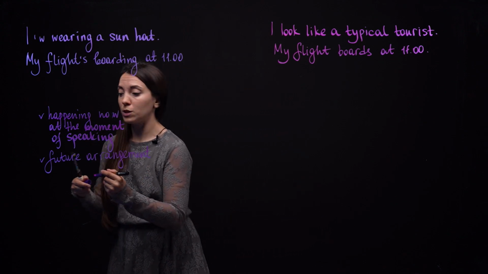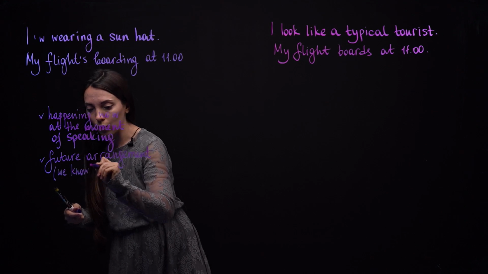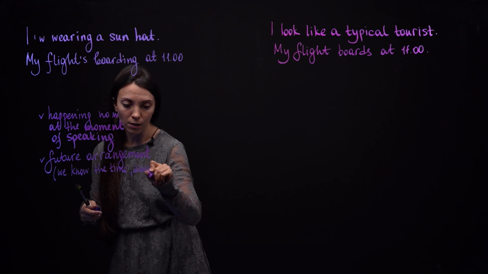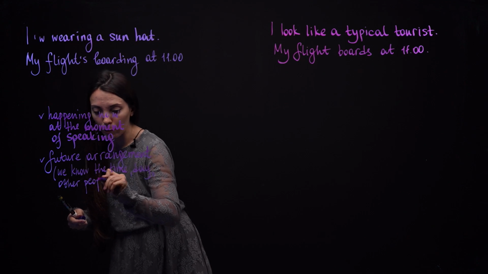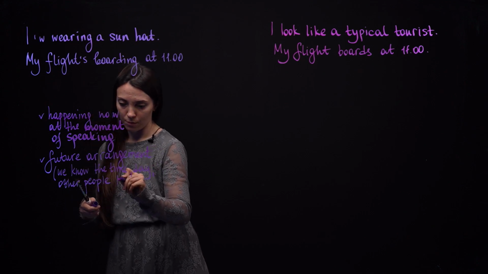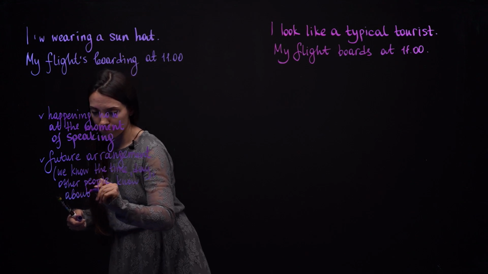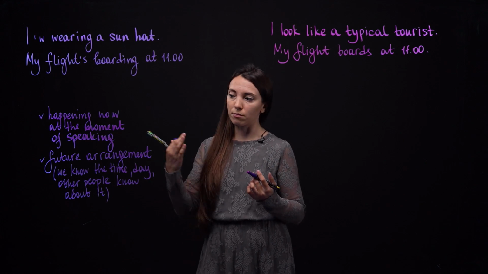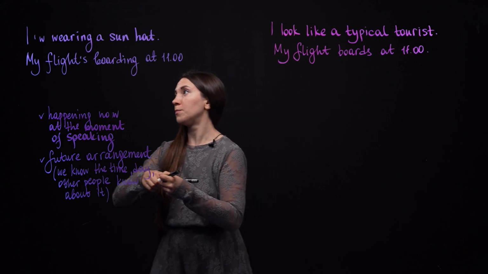When we have an arrangement, usually we know the time, day, other people know about it. It's like a more definite plan. For this, we use present continuous.